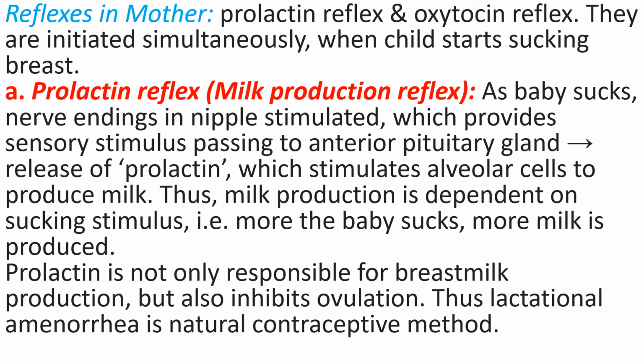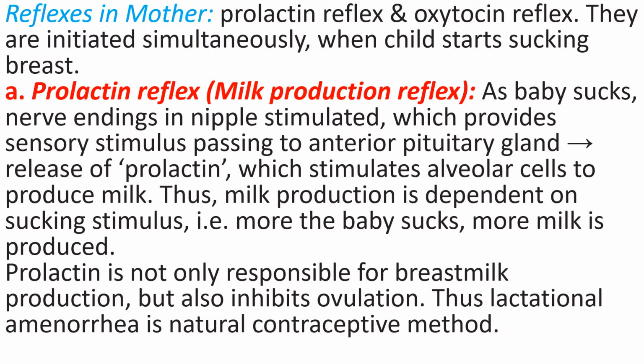As baby sucks, nerve endings in nipple are stimulated, which provides sensory stimulus passing to anterior pituitary gland, leading to the release of prolactin, which stimulates alveolar cells to produce milk. Thus, milk production is dependent on sucking stimulus, i.e., the more the baby sucks, the more milk is produced.